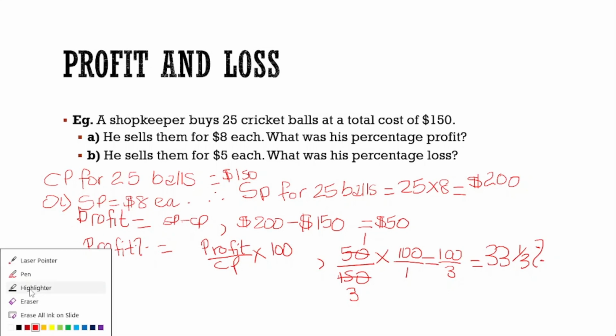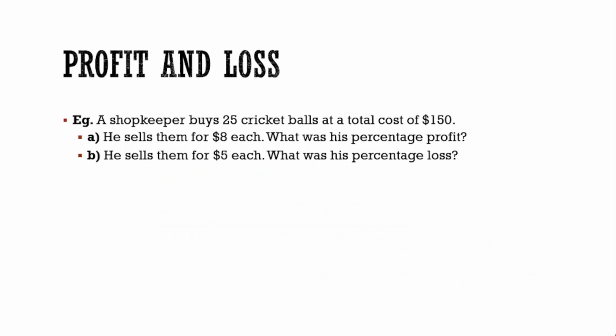Now there's another way that we could do this. Let's explore that. So again, we write the information that we have. The cost price for 25 balls being equal to $150.